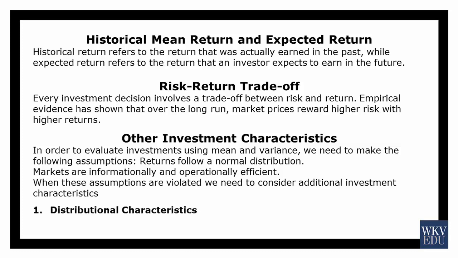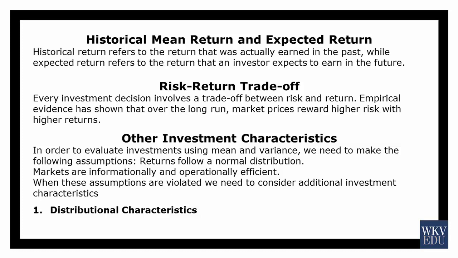The distributional characteristics. We have discussed the characteristics of a normal distribution in the QM section. The mean variance framework is only appropriate for evaluating investments whose returns are normally distributed. In reality, however, returns are not always normally distributed. Deviations from normality may occur either because of skewness or kurtosis.